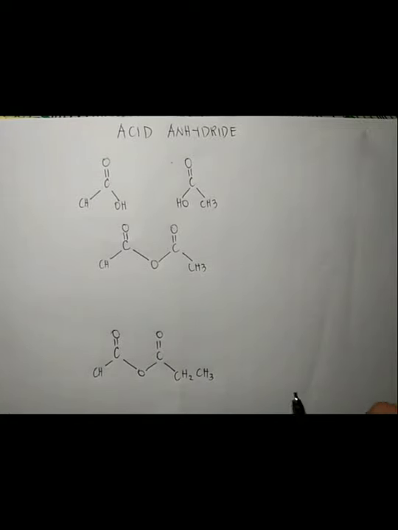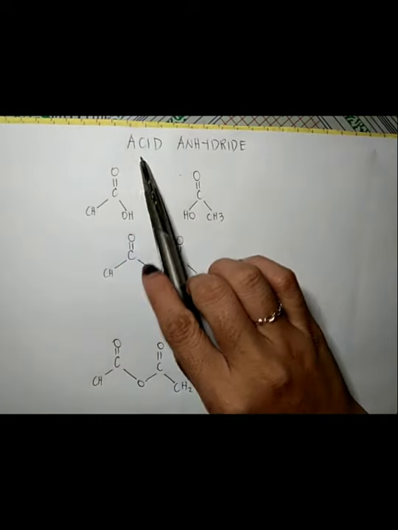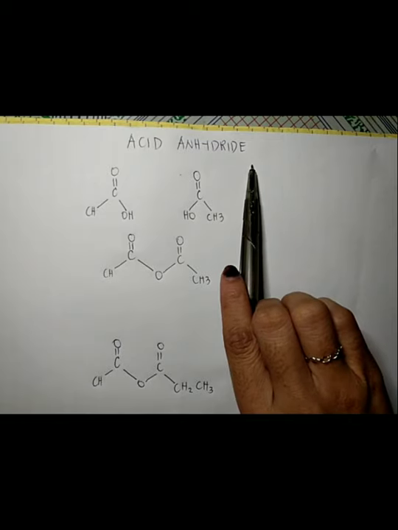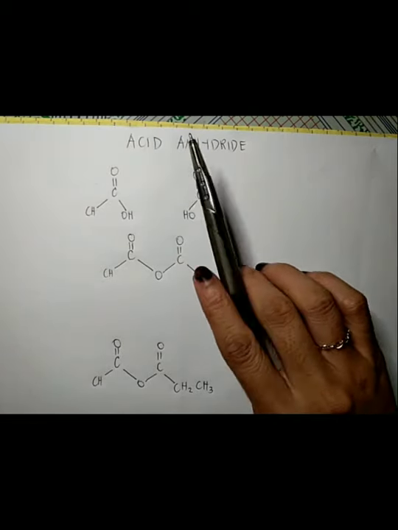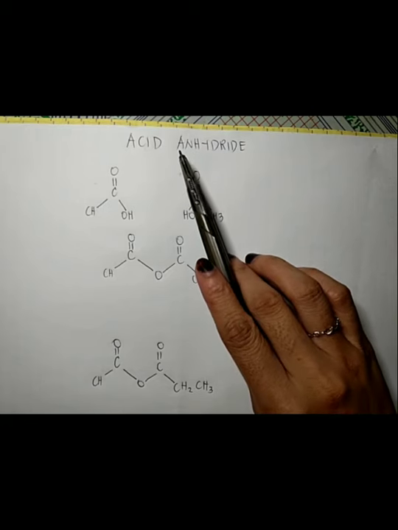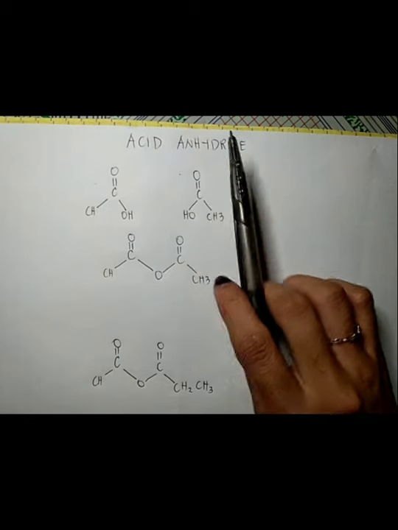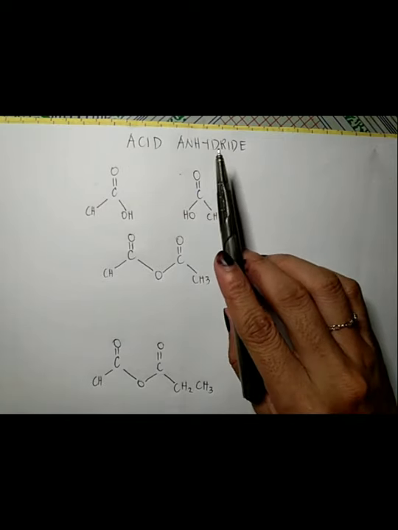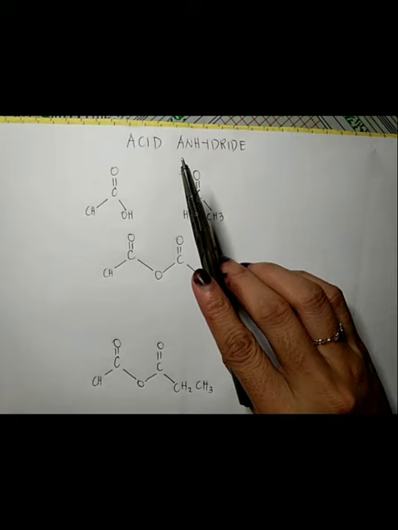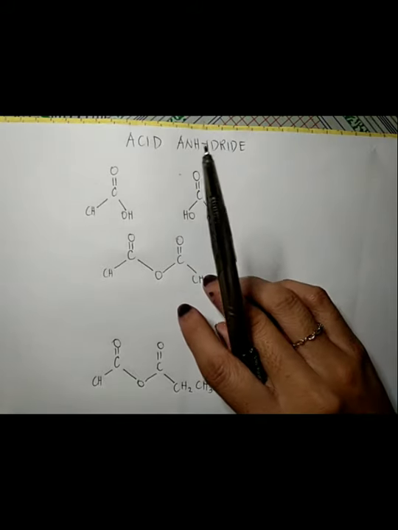Hello, I will discuss acid anhydride. Acid anhydride is also one of the derivatives of carboxylic acid. It is a functional group characterized by two acyl groups joined by an oxygen atom.